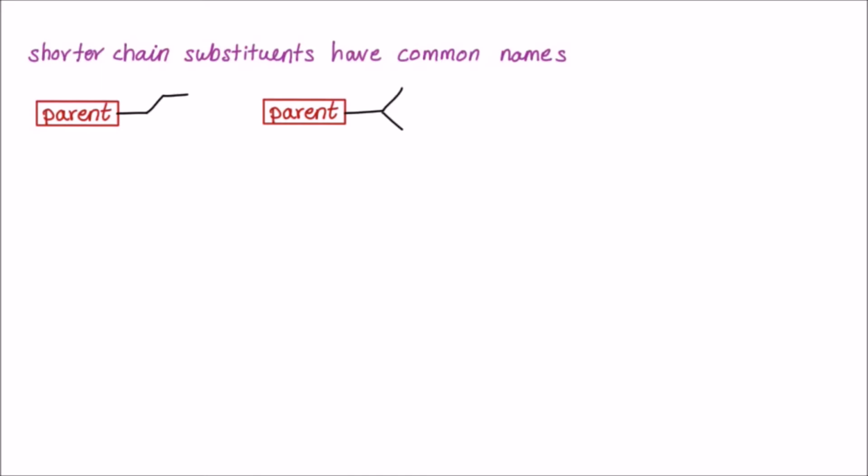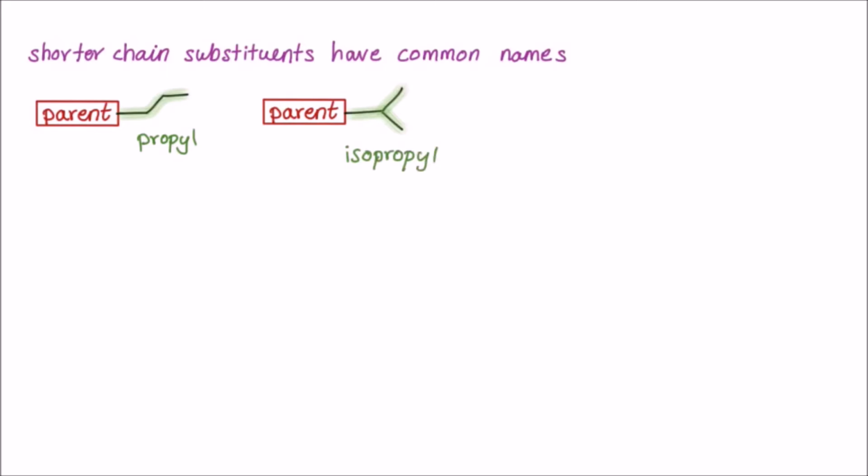So let's look at these two structures here. So there is a parent and you have a substituent, and the two substituents in the two compounds, they both have 3 carbon atoms, right? The left side structure has a linear substituent with 3 carbon atoms, and the right side structure has a branched substituent with 3 carbon atoms, right?